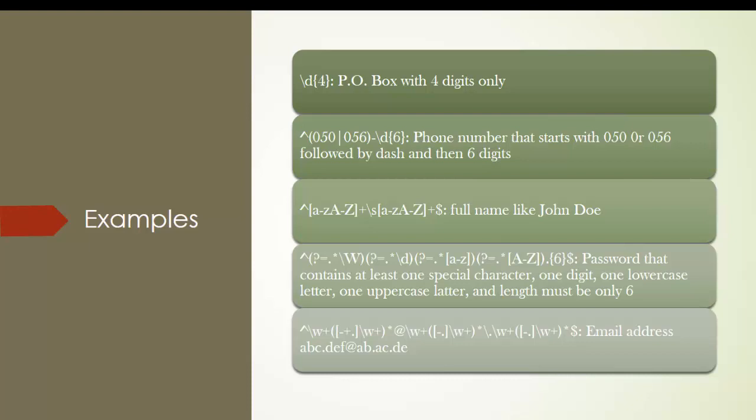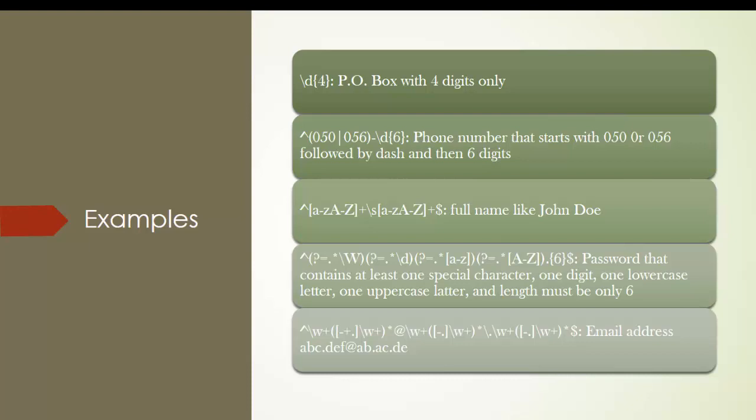then another bracket with a question mark equal dot and star followed by \d. It means I'm looking for at least one digit, and then a bracket question mark equal dot and star followed by a to z small letter. So this means I'm looking for one lowercase, and then followed by bracket, question mark, equal dot, star, capital A to Z, so I'm looking for a capital letter.